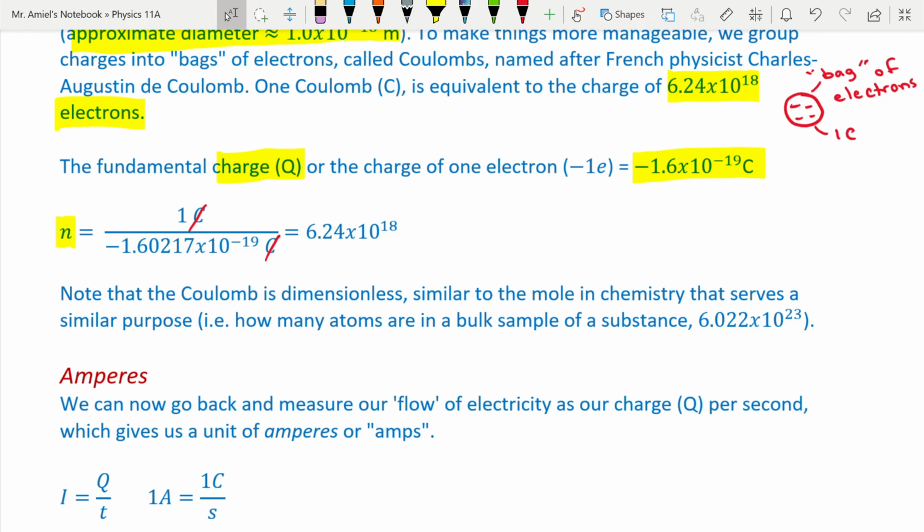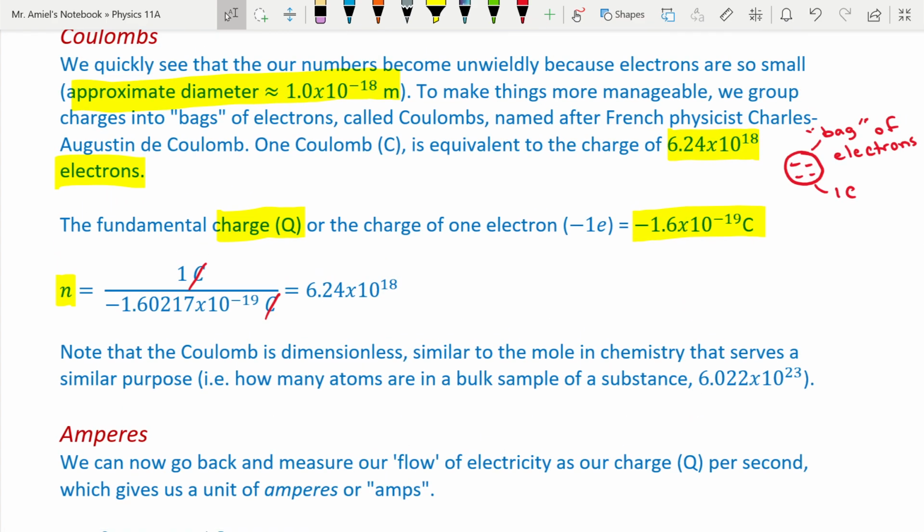The mole says how many atoms are in a bulk sample of a substance, and we have Avogadro's number, which is 6.022 times 10 to the 23rd. Our coulomb is doing the same thing. We're bagging up these electrons and grouping them into a manageable charge so that we're not counting individual electrons, just like with the mole, we're not having to count individual atoms.